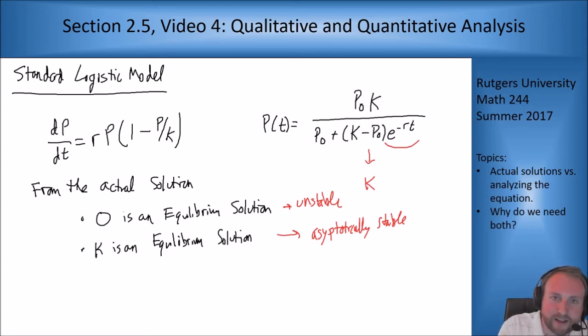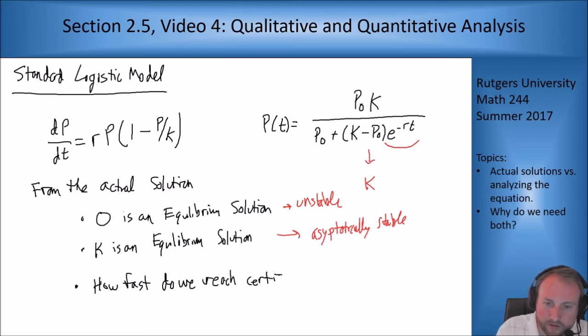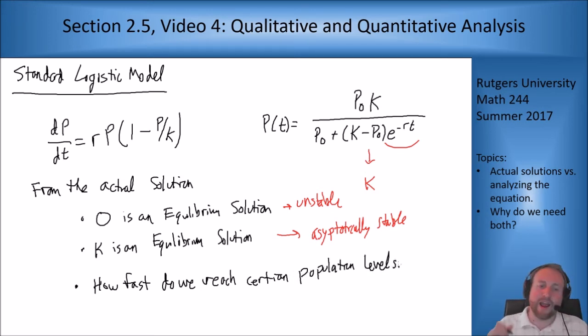The difference is, for the actual solution, we know how fast we get places. How fast do we reach certain population levels? And this is something you cannot get from the ODE itself.